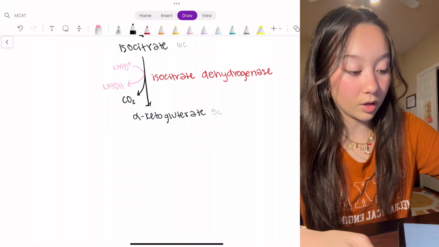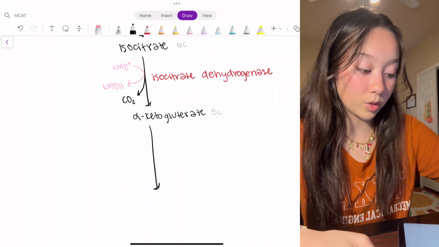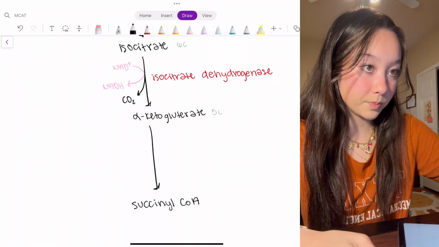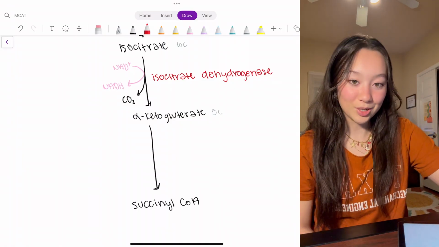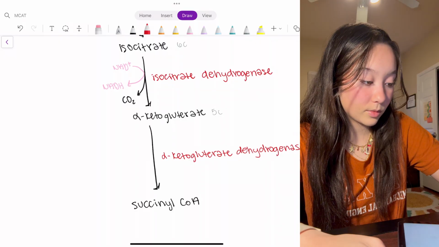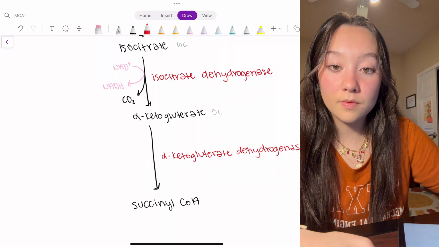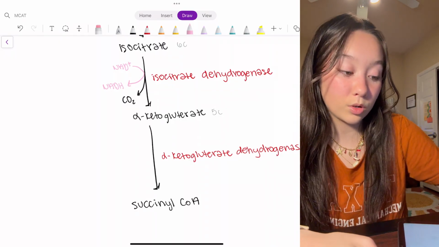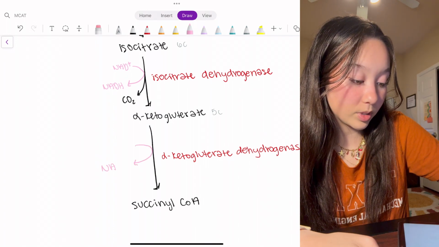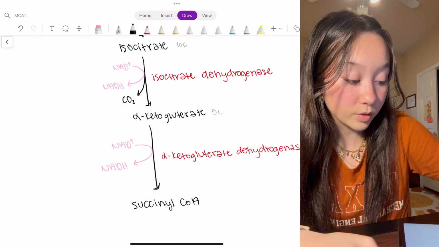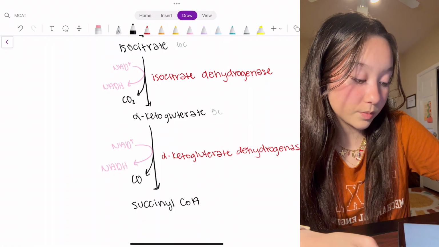Next, we move on to form succinyl-CoA. And the enzyme that catalyzes this is alpha-ketoglutarate dehydrogenase. Now this step is very similar to the step above it. We're also going to be reducing an NAD to form NADH, and we're also going to lose another CO2.